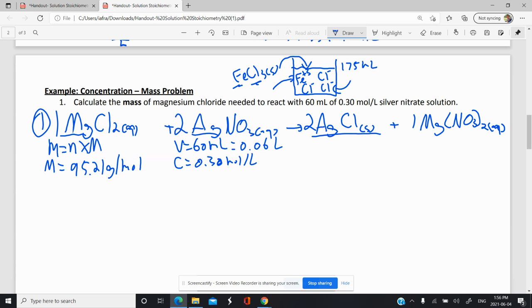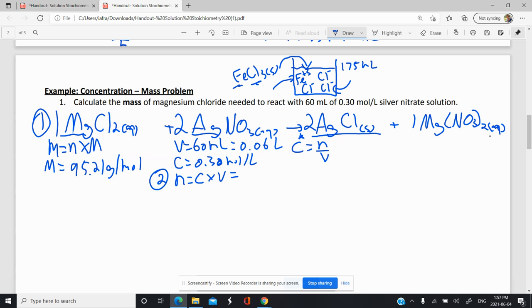So what we're saying is, remember our formula here is C is equal to n over V. But you can find the moles of silver nitrate by doing n is equal to C times V. If you rearrange this, you get n is equal to C times V. That gives you your moles. So you can go ahead and find your moles of silver nitrate. So let's just make this, step 1 was writing the equation. Step 2 is finding moles of whatever you have there.